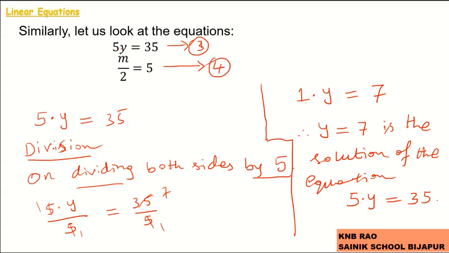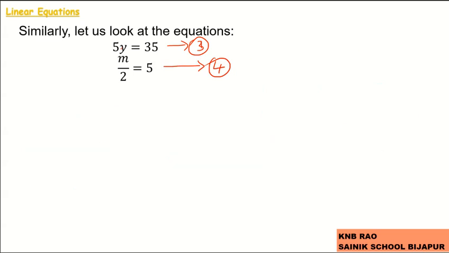How to solve? Here in equation 4, m is getting divided by 2 on the left hand side. So for the reverse of the division operation, we need to do multiplication.